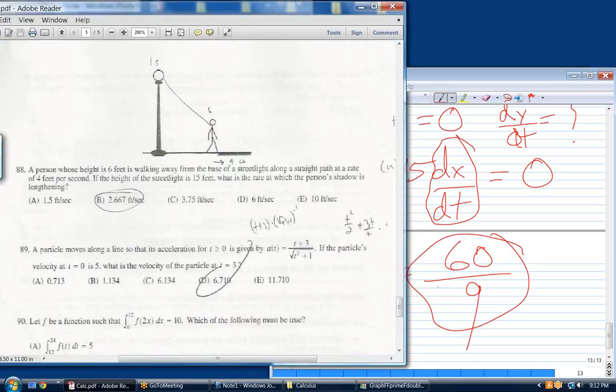But given their comment at the beginning of the test, where it says pick the closest one, I'd have to go with that. And it doesn't seem like the shadow should be moving 2.5 times as fast as the person. So that answer makes more sense than this does also.